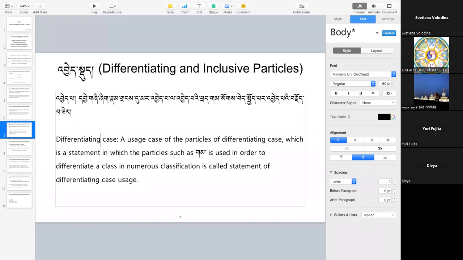That type of classification in which you split a major class into many minor classes is known as differentiating case. So to be able to function as a sort of differentiating particle, we use these particles, and that type of usage case is known as differentiating case.